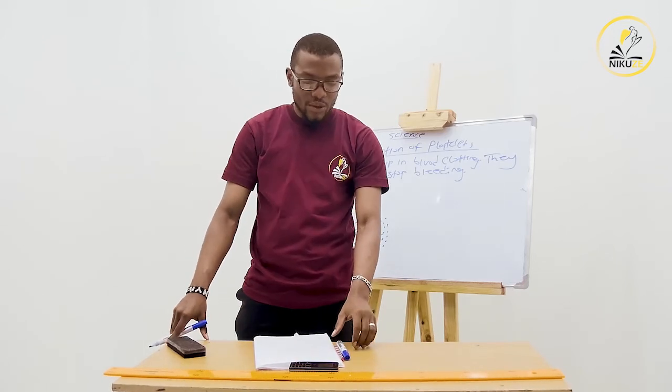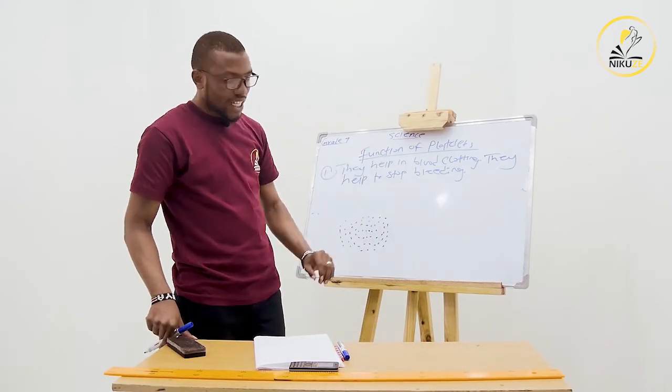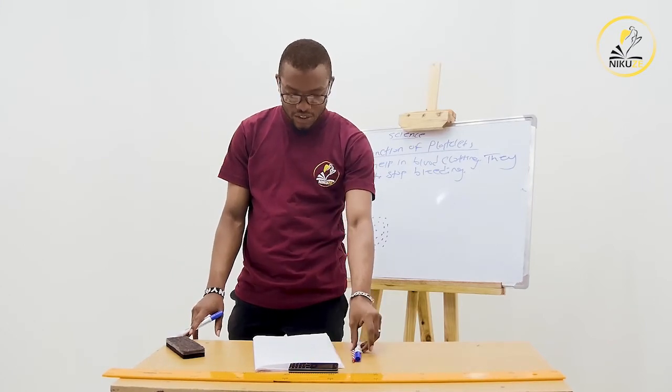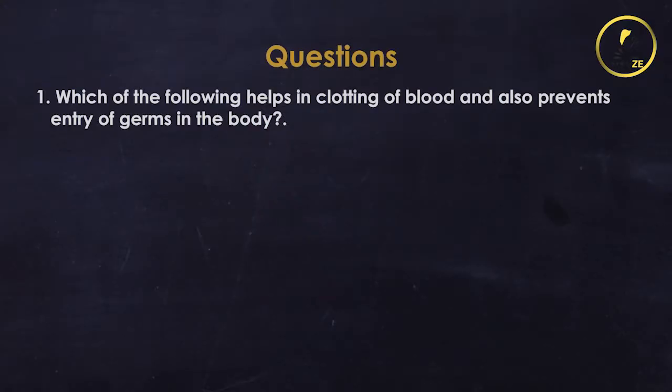So that's it. We are through with the components of blood. In an exam, you can get a question that asks which of the following helps prevent the entry of germs in the body. Or which of the following helps in the clotting of blood? That one is the platelets.